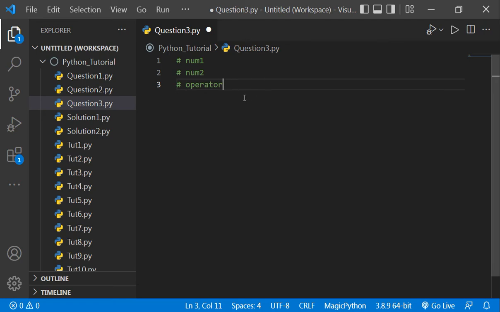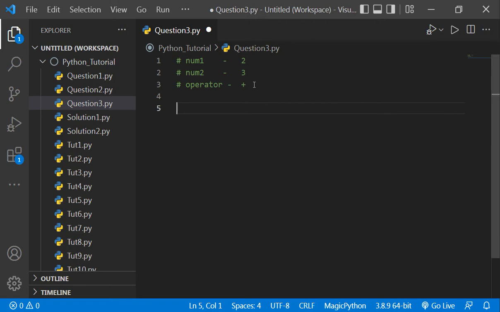So suppose user entered 2 in number 1 and 3 in number 2. Okay, and user entered operator to be plus. Okay, so what should be your output?